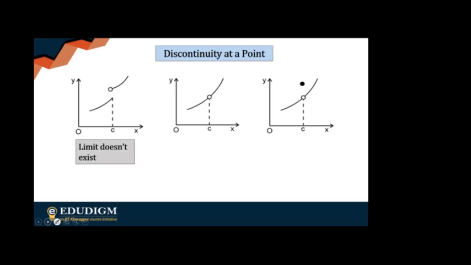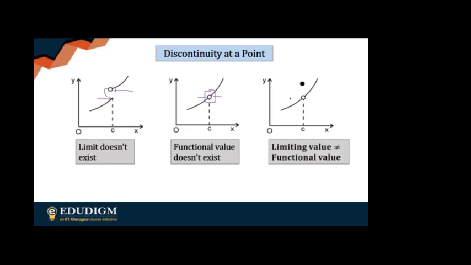The first one, obviously you can see that the limit does not exist, okay? If I go for the left hand limit and the right hand limit, you can see there's this jump and obviously they are not equal. For the next one, there's no problem with the limiting value, but the functional value is absent. All right, just see the next one. Okay, this is all right.